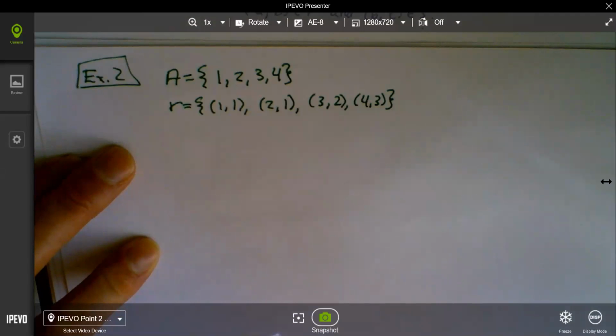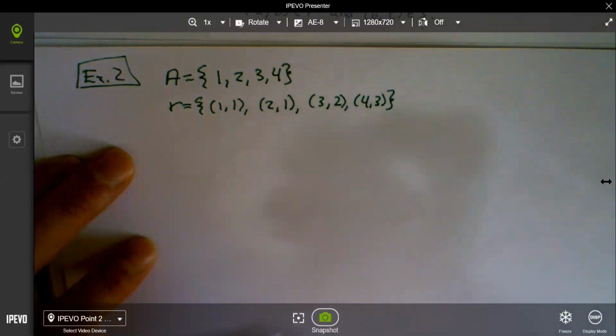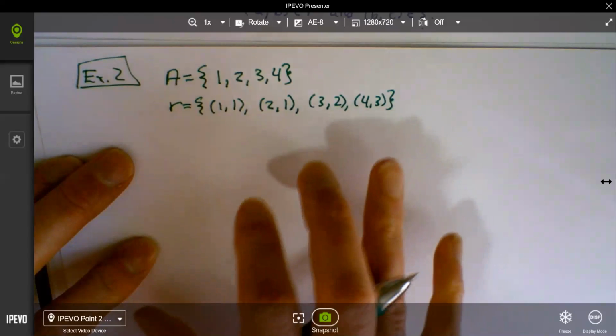All right. And so if we want to compose R with itself, we could draw a little picture first to see what we're actually doing.